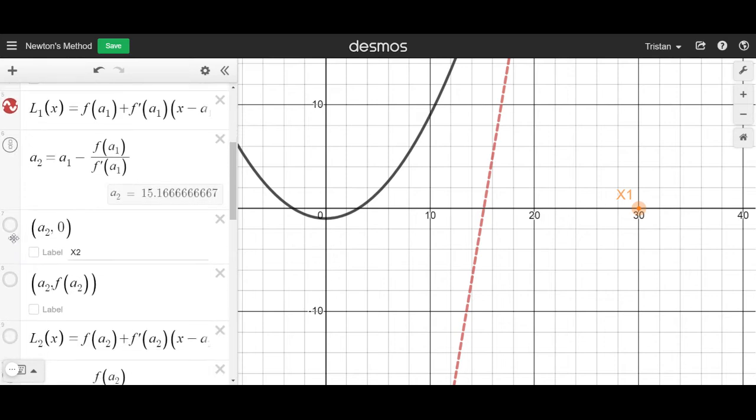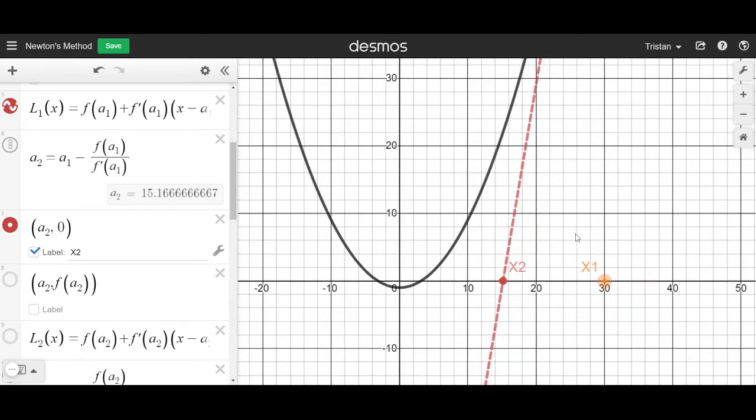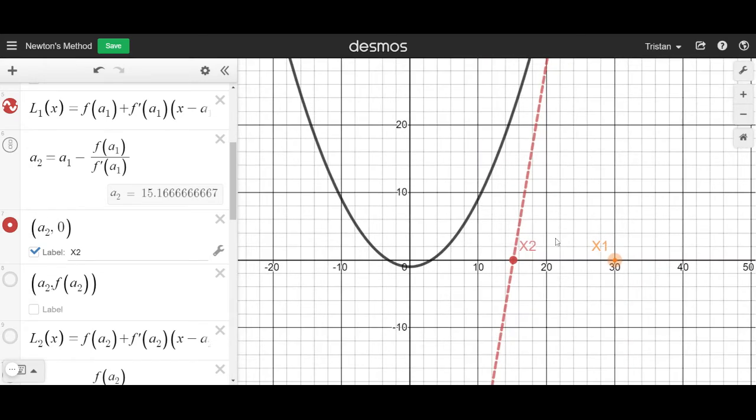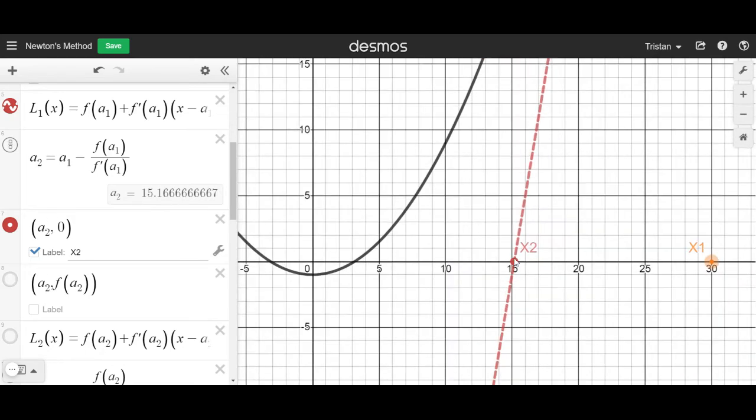So we take that x value where the tangent line crosses the x-axis, essentially a 0 of the tangent line equation. That will be our next guess, x2, and that should be better than the first one.